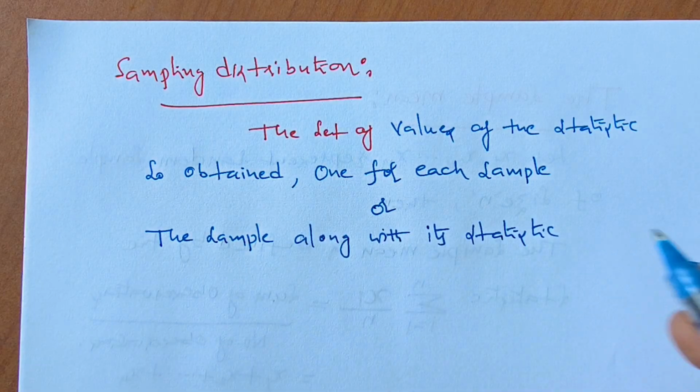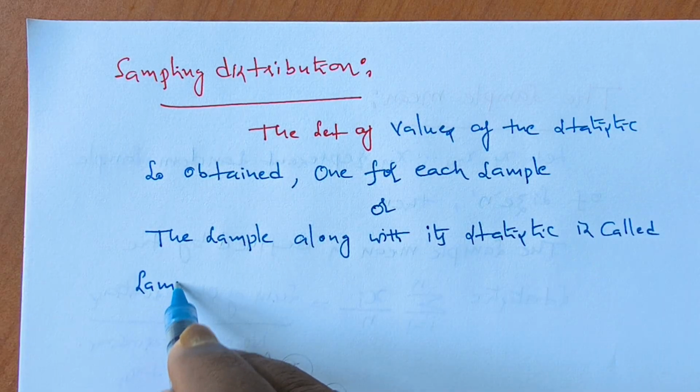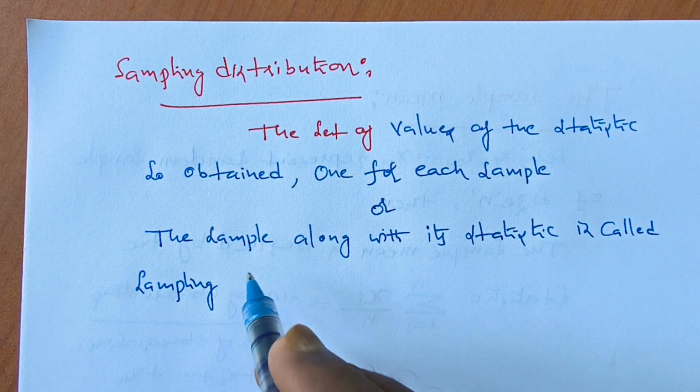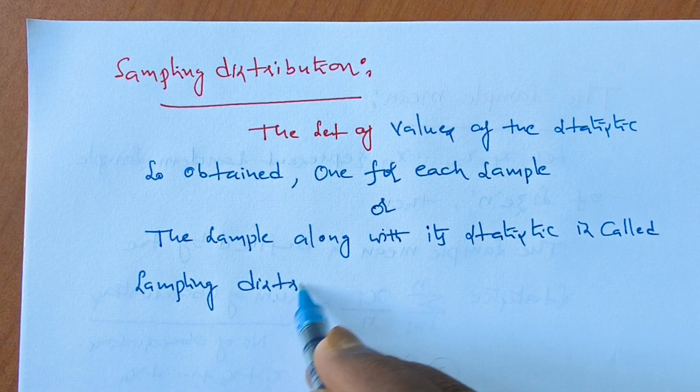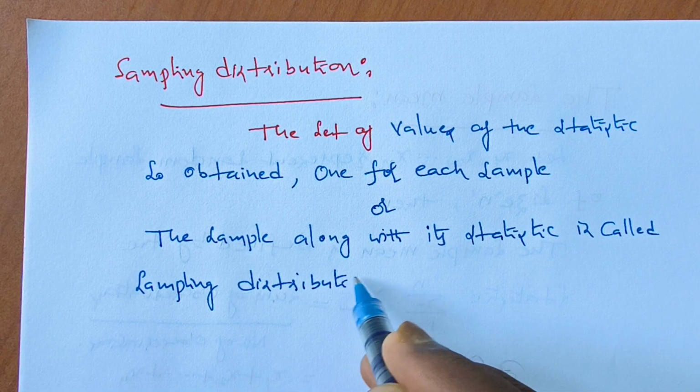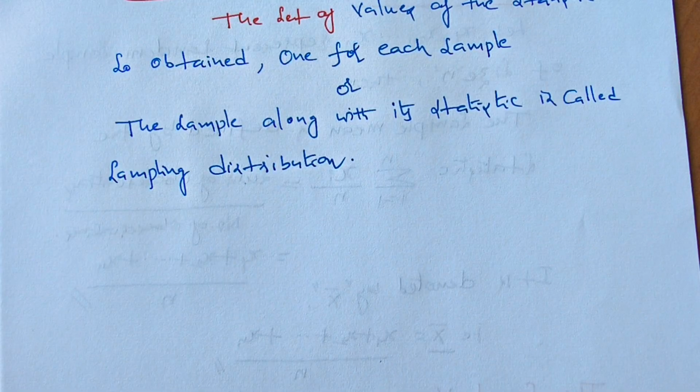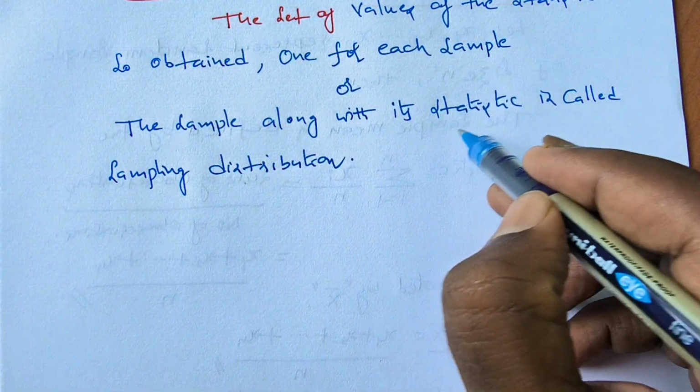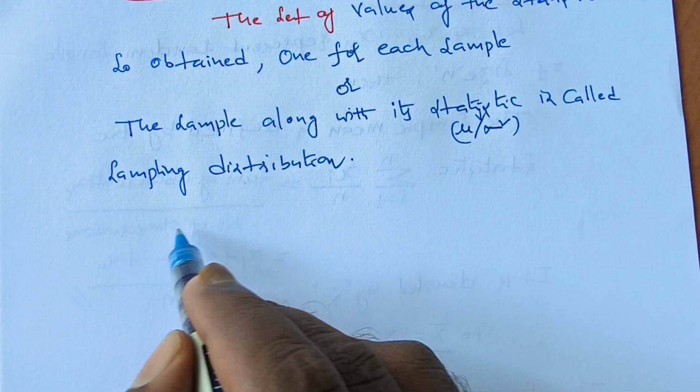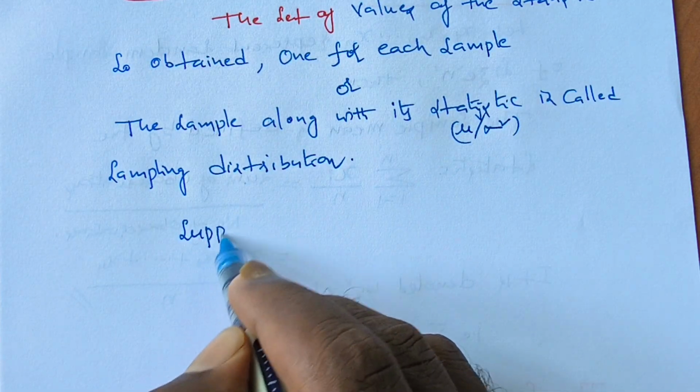This definition can also be written as: the samples along with their statistics is called sampling distribution. So samples along with the statistics is known as sampling distribution.